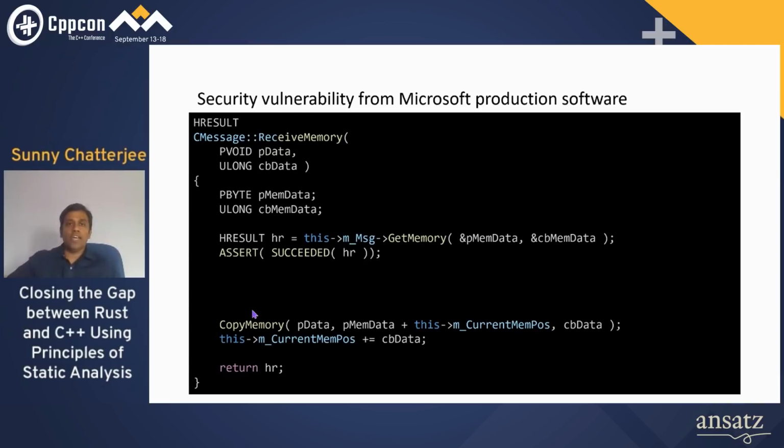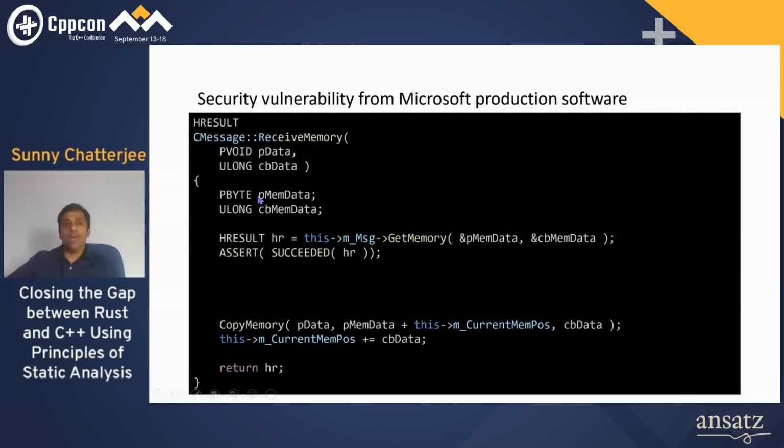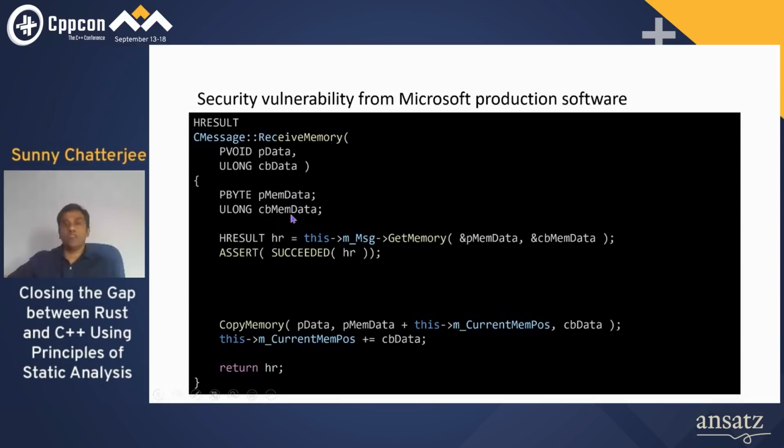So you have a message handling function that receives memory, and it has two parameters, pData and cbData, which are the destination buffer receiving the memory, and cbData would be the count of bytes of data copied into the destination buffer. And you have here two variables, pMemData and cbMemData, which are the source buffer and the count of bytes on that source buffer.